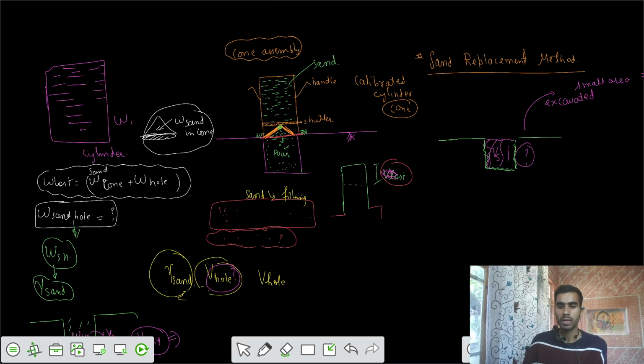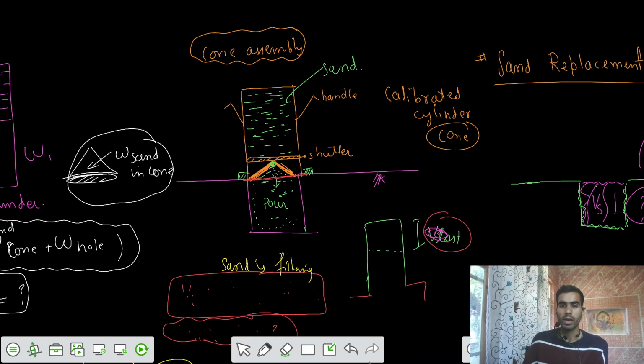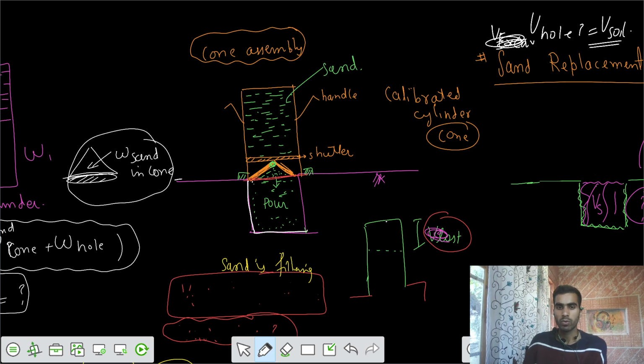Let's repeat a little bit one more time. We want the calculation of the volume of the excavated area. Let's write it as volume of hole, which is the volume of soil. So for calculating the volume of soil, we have to calculate the volume of hole.